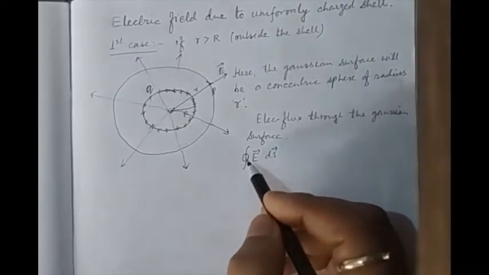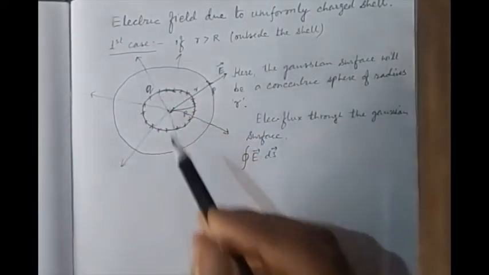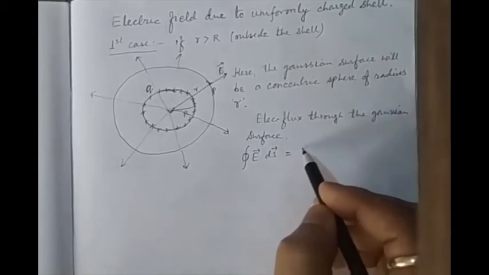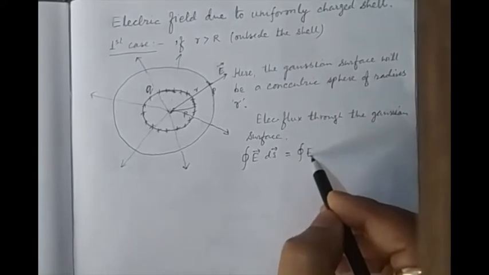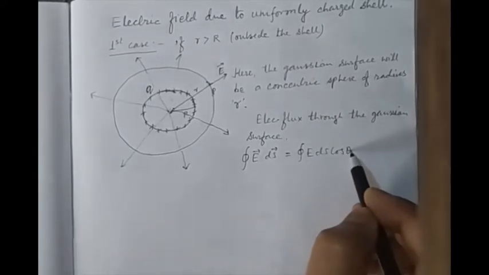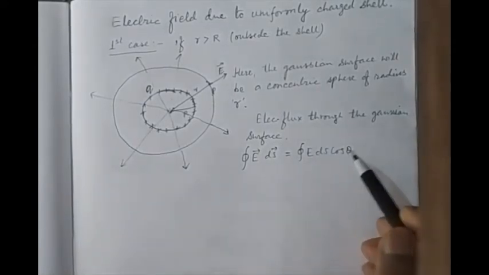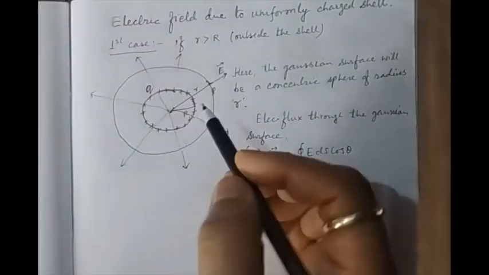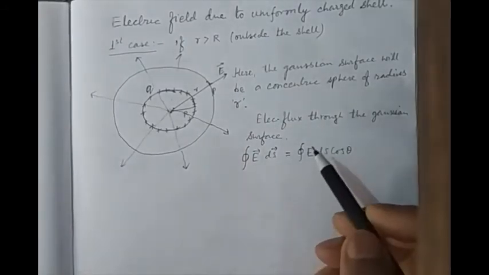This is a closed integral, as the Gaussian surface is a closed surface, and according to definition of dot product, it is equal to integral E ds cos theta. The value of theta can be determined by drawing an area vector.